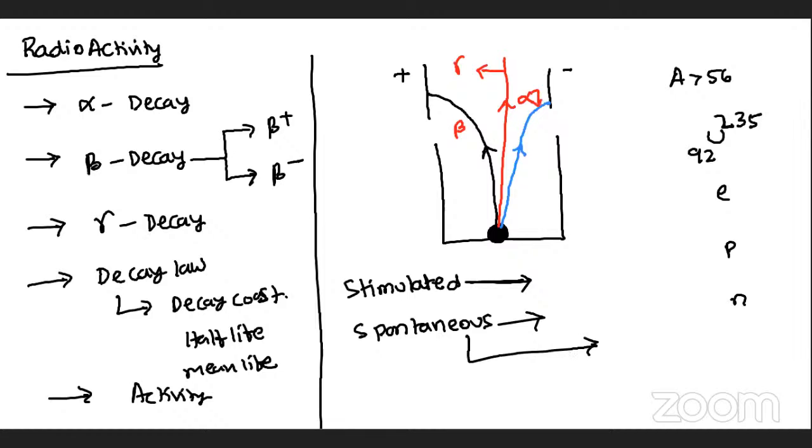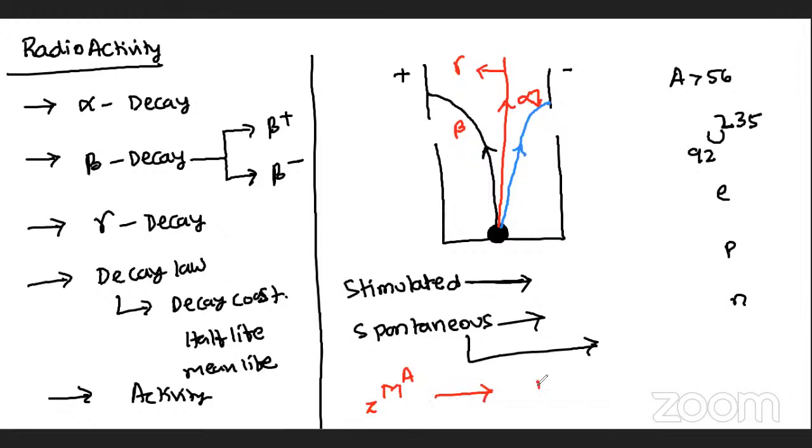Why alpha particles are deflected to the negative plate, I will tell. In alpha decay, suppose I have an element with atomic number Z and mass number A. Whenever it radiates without supply of energy, there will be a change in the mass.